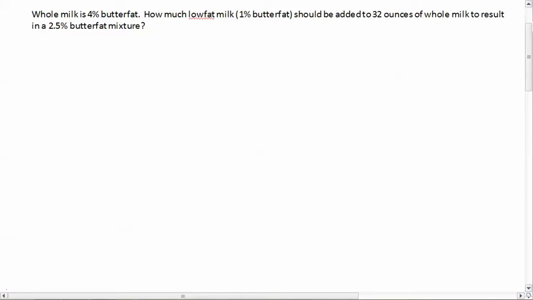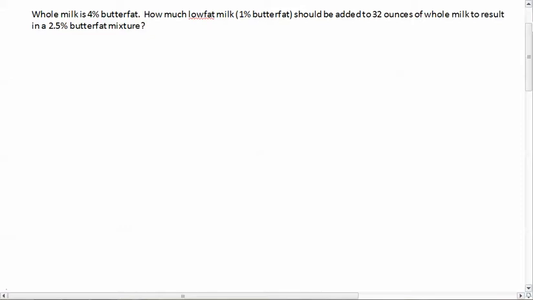Here we go. We're looking at weighted averages now. Whole milk is 4% butterfat. How much low-fat milk, which is 1% butterfat, should be added to 32 ounces of whole milk to result in a 2.5% butterfat mixture?